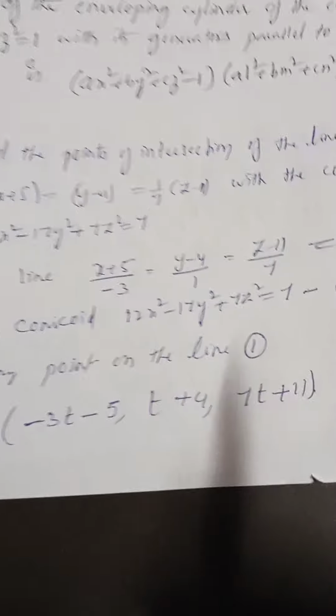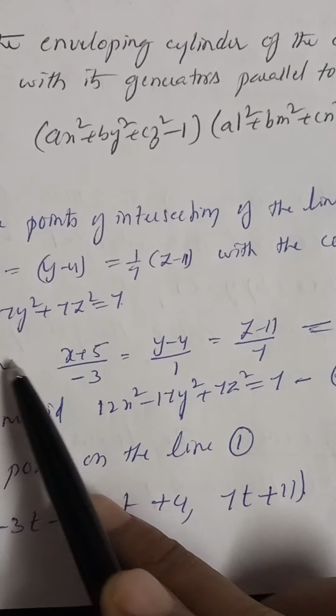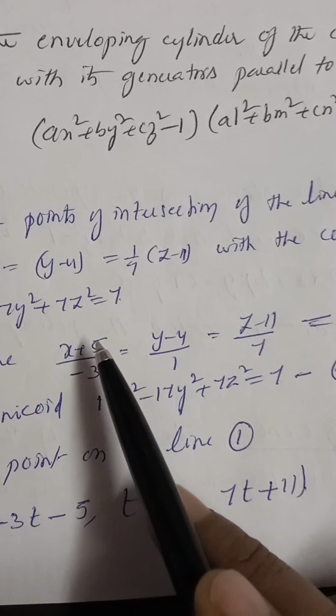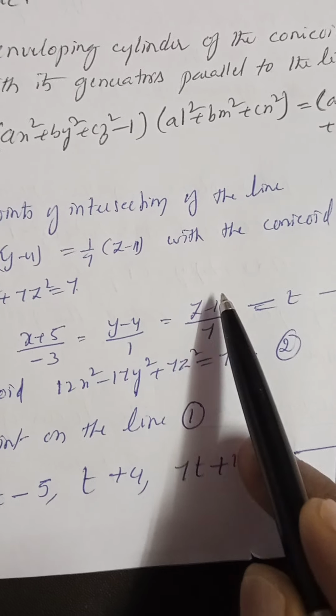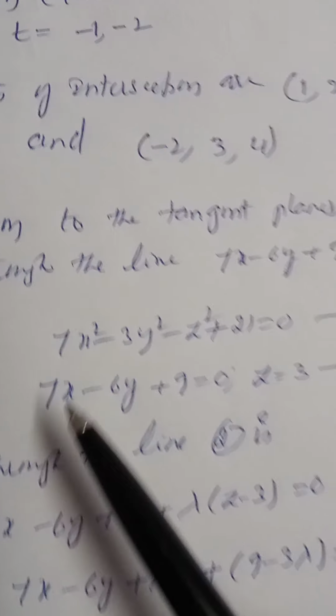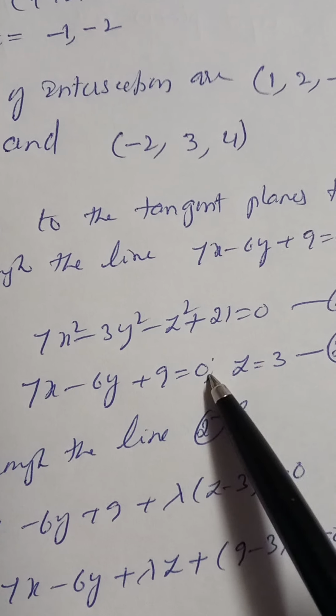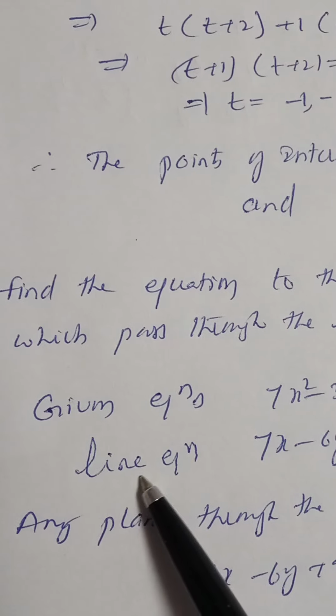Whereas this one, compared with the previous problem, is the equation of a line in symmetrical form, right? Here (x minus x1) by L, (y minus y1) by M is equal to (z minus z1) by N is the equation of a line in symmetrical form. Whereas in this one, see, one plane equation comma another plane equation put together is called a line equation.